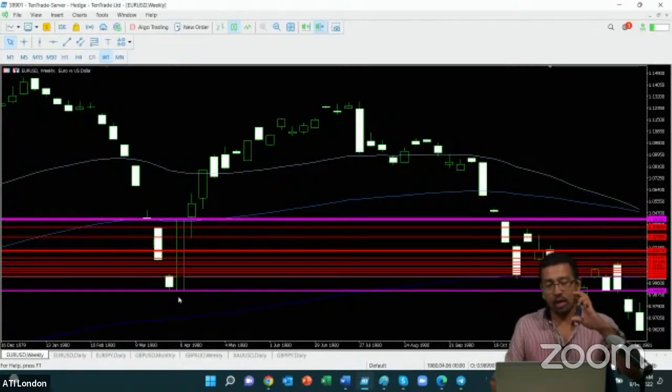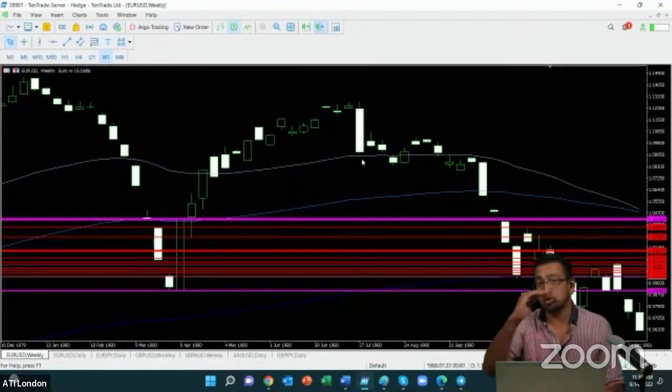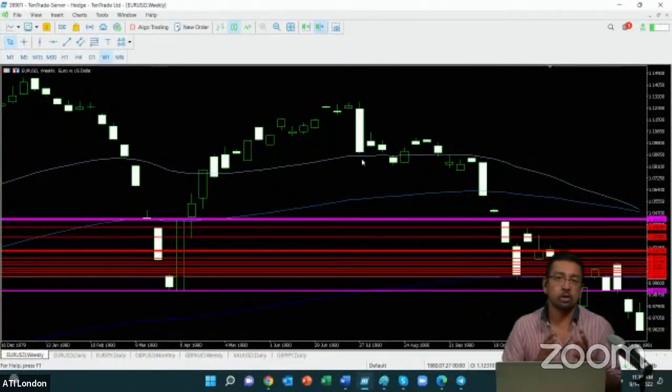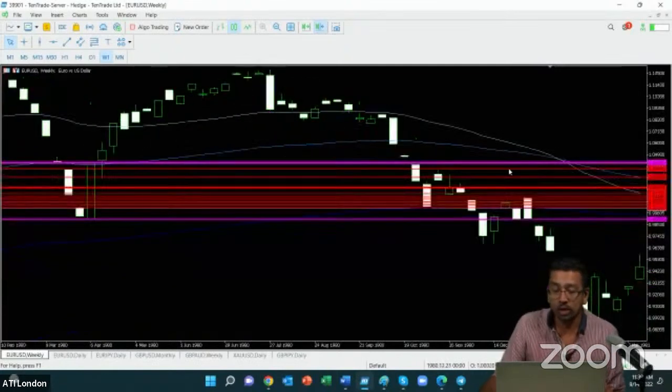Within that range, for example, we have loads of lines that we can draw based on the candles that have been moving in, especially your opening price, your closing price, your wicks as well, and they all tell a story.